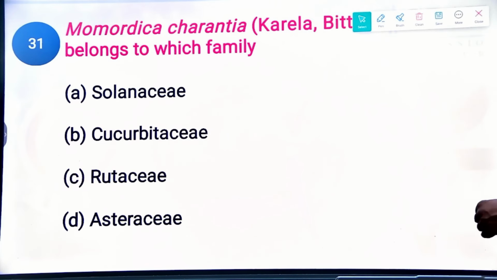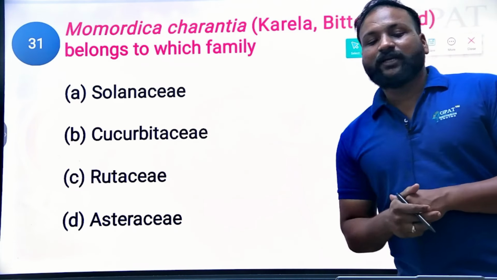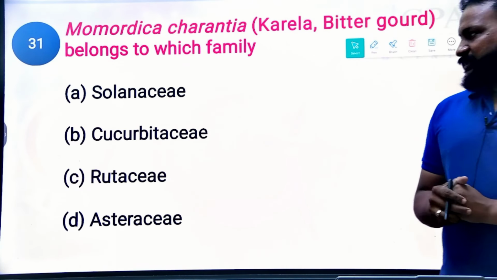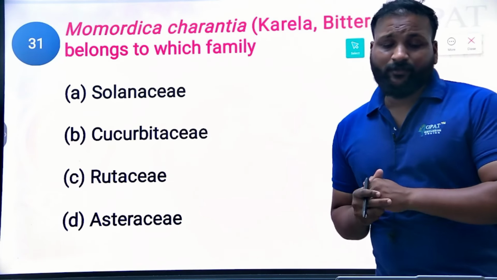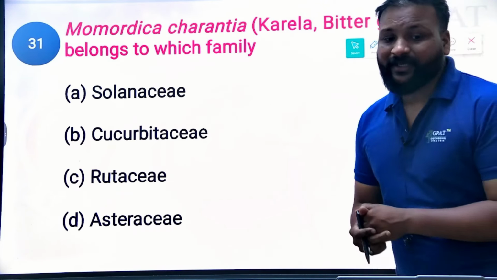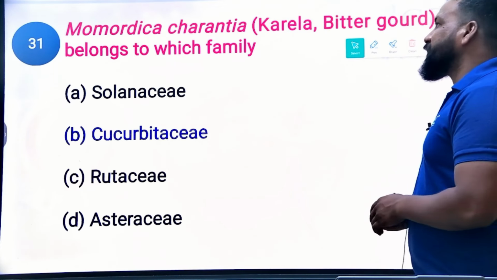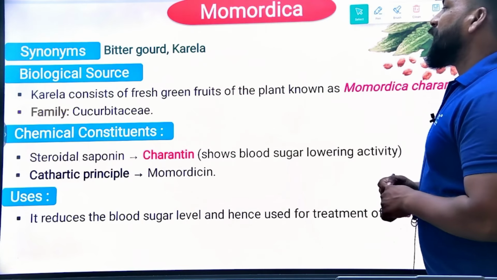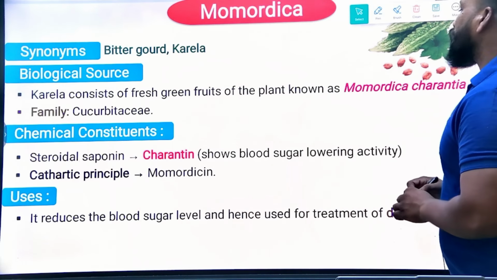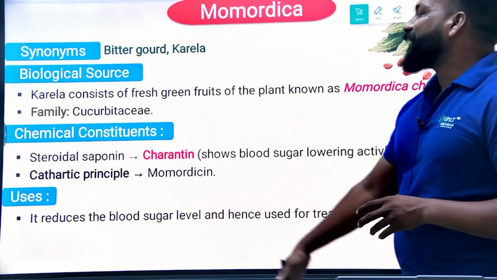Next, Momordica charantia, Karela or bitter gourd, belongs to which family? Options: Solanaceae, Cucurbitaceae, Rutaceae, and Asteraceae. Very important. Its family is Cucurbitaceae. Karela or bitter gourd is an anti-diabetic agent. It consists of the fresh green fruits of the plant Momordica charantia, family Cucurbitaceae.